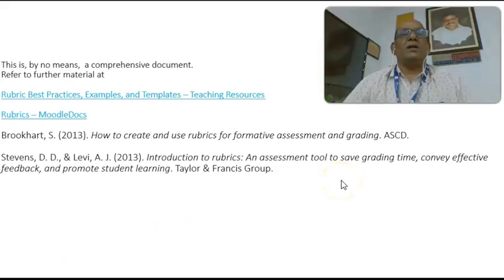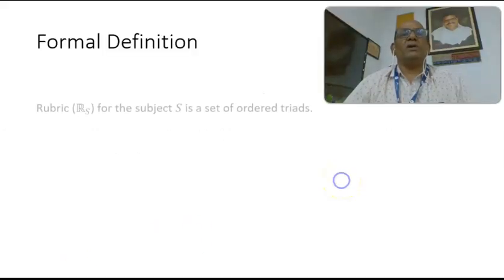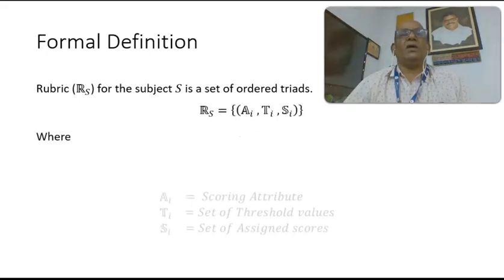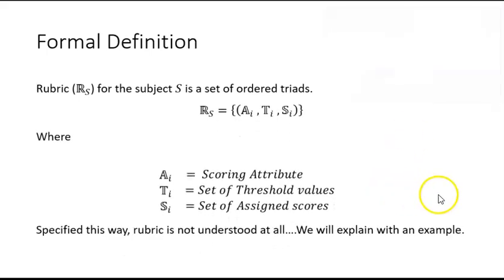Let me start by giving a formal definition of what a rubric is, just for mathematical rigor. This rubric R_S is for a subject S. R_S is defined as a set of ordered triads. A_i is a scoring attribute, T_i is a set of threshold values, S_i is a set of assigned scores.